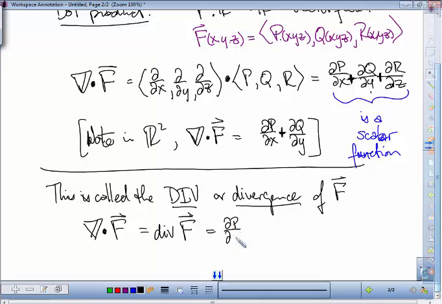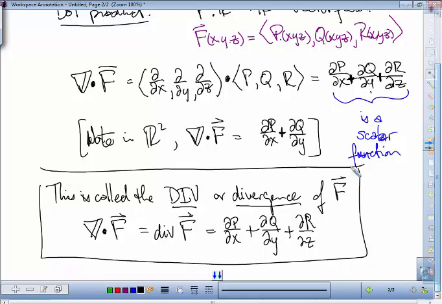Well, I'm just going to rewrite what's up there. For 2 dimensions, you can stop where you need to stop. For 3 dimensions, you just go one more. Okay, so that's the div. So it's a del operator that acts on a vector field, and then you get some scalar.